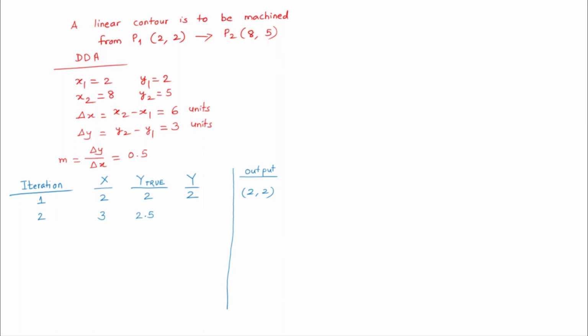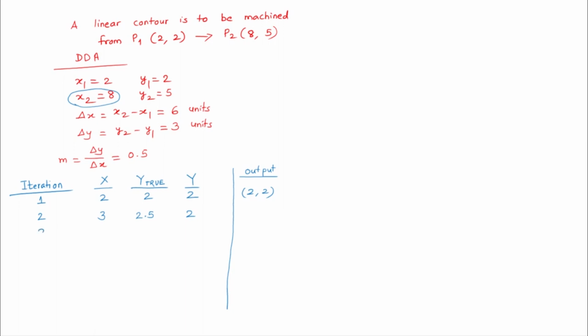Integer value of Y true is 2. Then we have to check whether the value of capital X is less than or equal to the value of X2. The value of X is less than the value of X2, then we have to enter the loop again.